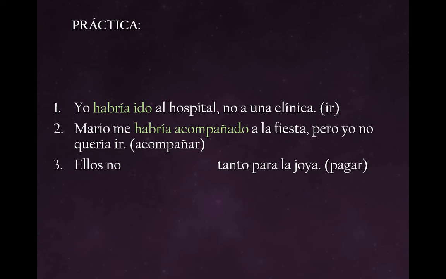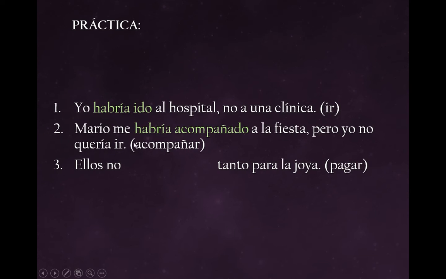Número 3. Ellos no blank tanto para la joya. And the verb pagar. Tanto means so much, para la joya for the jewelry or the jewel. So we want to say they would not have paid so much for the jewel. Would not have paid. Okay, would have, we're referring to ellos.